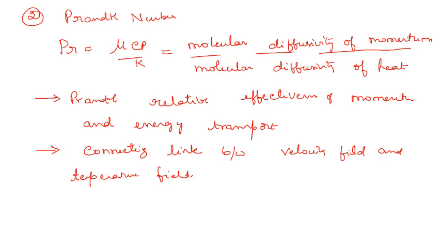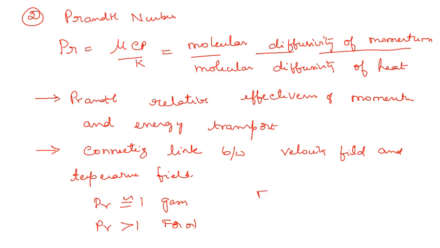For gases, the Prandtl number is near 1, that is, the transfer of momentum and energy by the diffusion process is comparable. For oil, the Prandtl number is greater than 1, so momentum diffusion is much greater than energy diffusion.